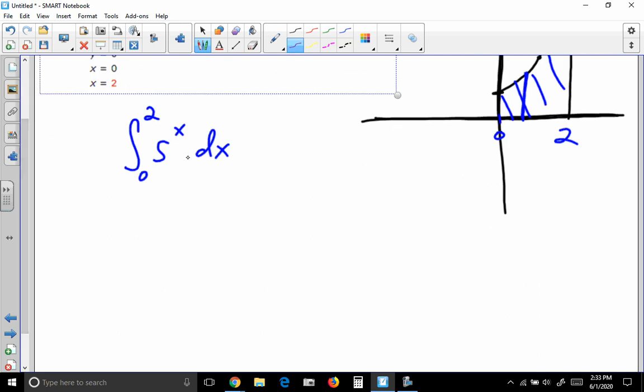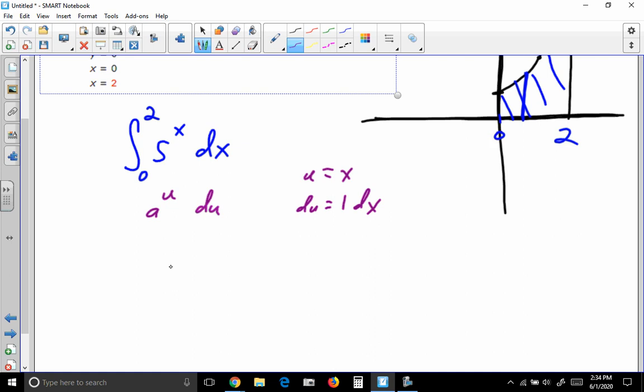We need our antiderivative. We don't want to do this as a Riemann sum or as a lot of rectangles. So if this is a and that's u, if u is x, then du is just 1 dx. So that is du.